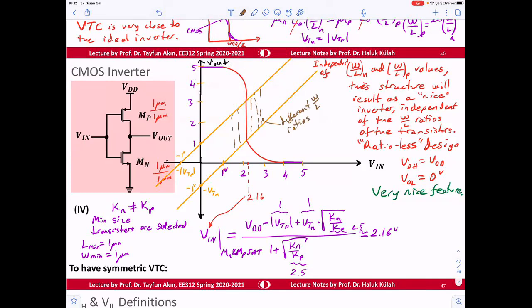But there's going to be a sharp transition, and this will always be the case, no matter what it is. This will be VTN. It's going to be VTP. VDD minus VTP. That's the voltage.